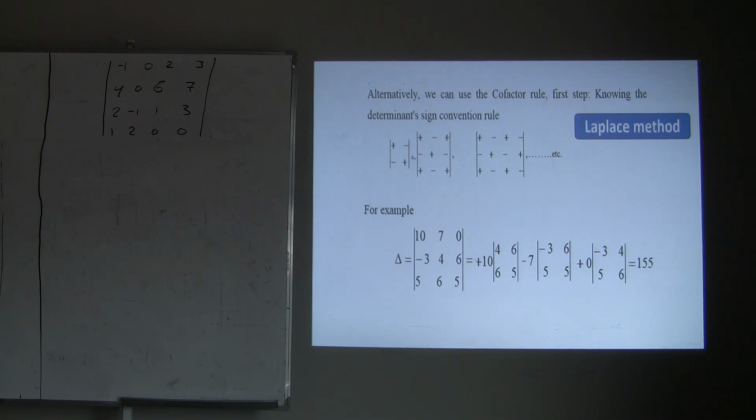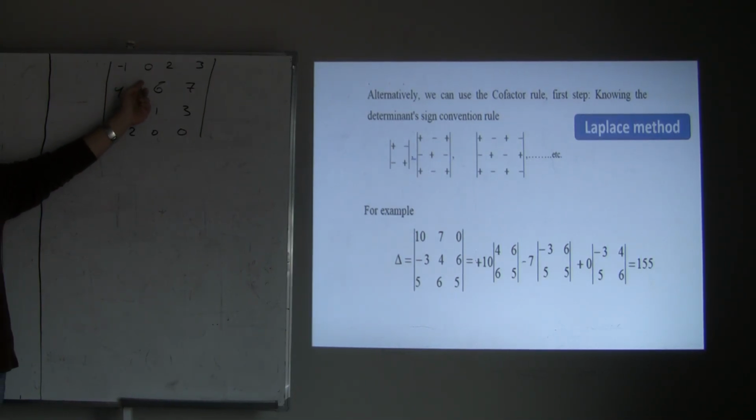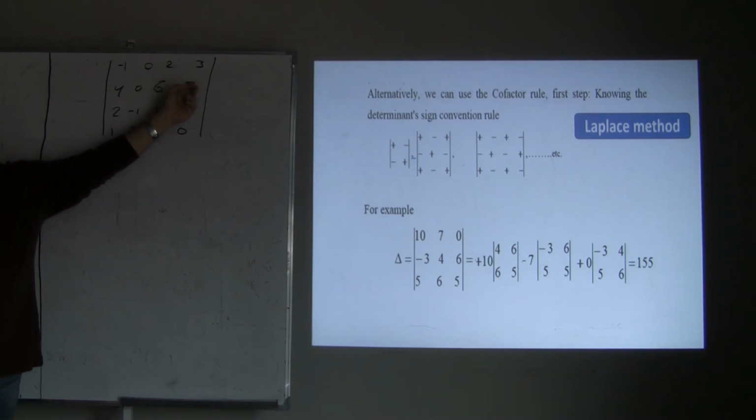So choose wisely. Any row or any column. But remember the sign. If I go with the first row, how is the sign going to be? Positive, negative, positive, then negative. Don't forget that.